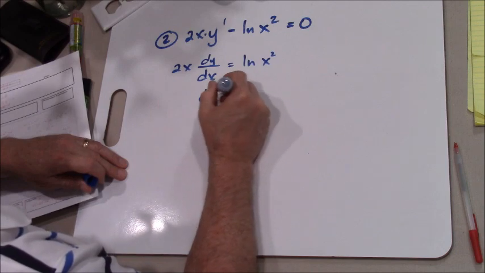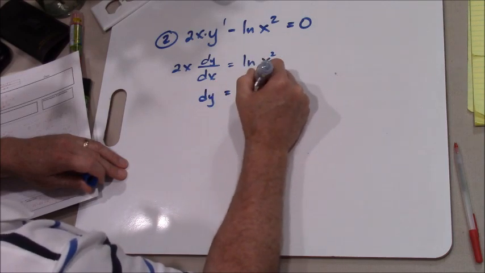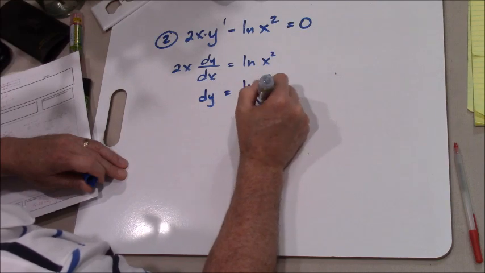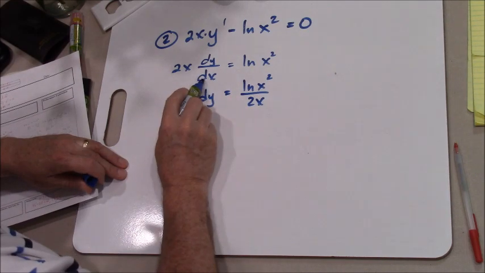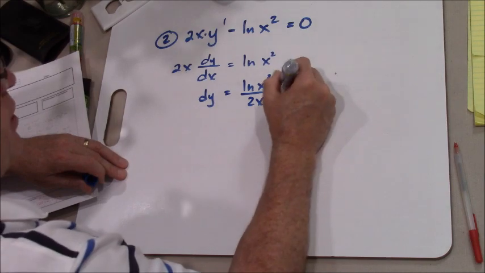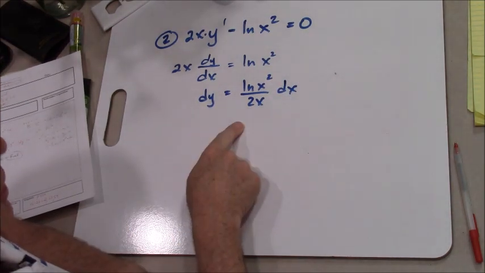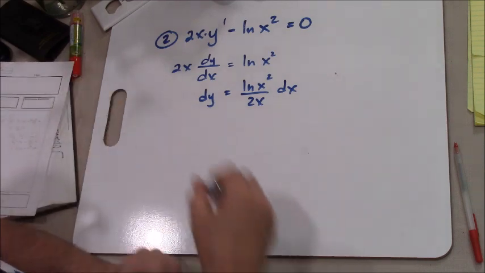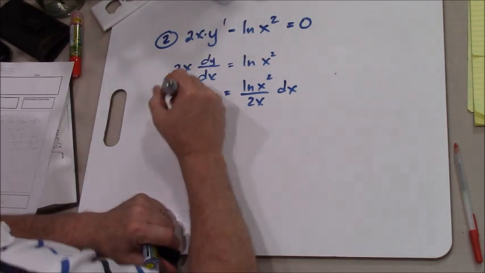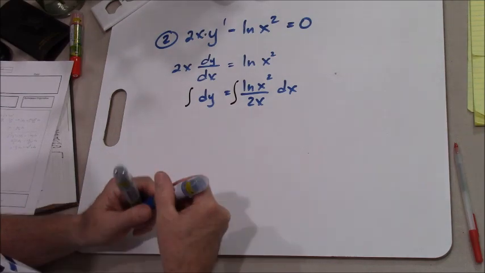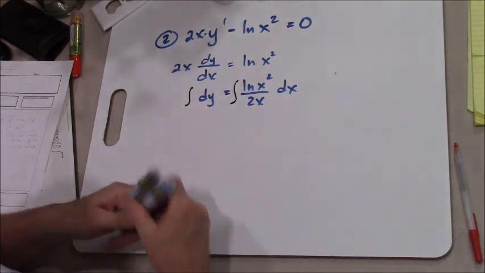So dy is going to equal natural log of x squared over 2x. This dx here I'm dividing by, so when I move it over here I would multiply. So there's our separation of variables. Now we need to integrate both sides. I'll integrate each of these, and what I get here is just y.